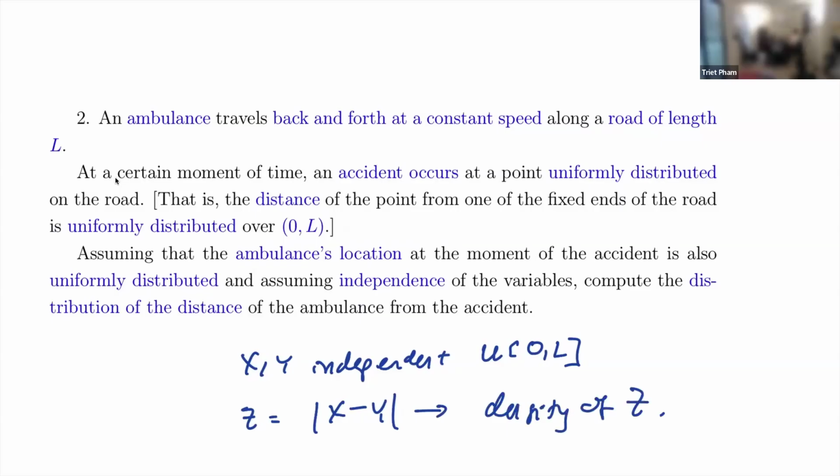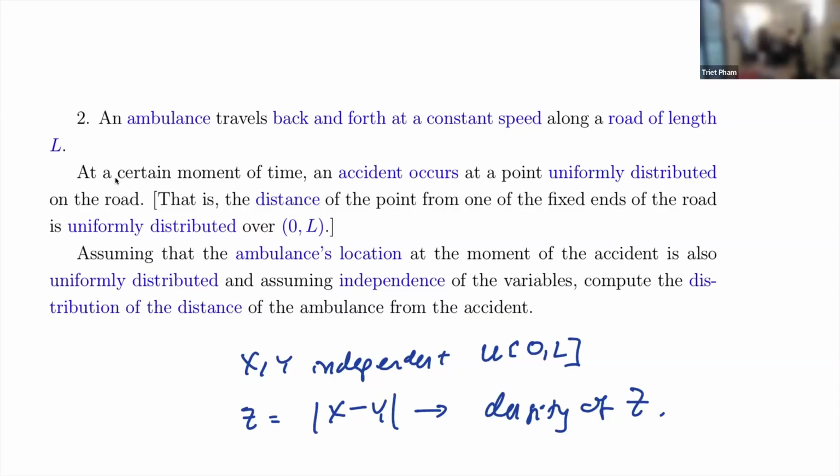So this goes back to finding the density of a continuous random variable that we talked about. So what would be the first step? Finding the support of Z. Good.